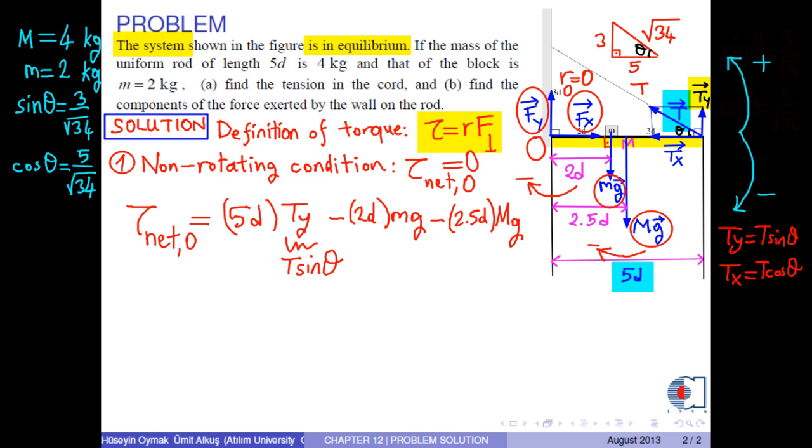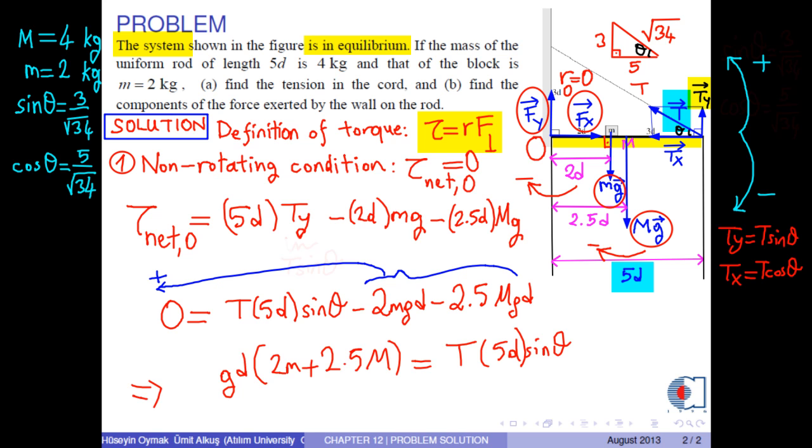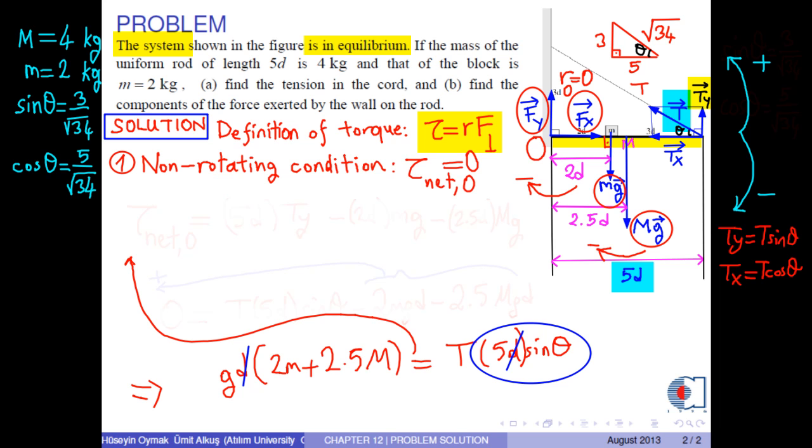According to the figure, Ty is T times sin theta. Therefore, we obtain this equation. If we take these terms to the left-hand side, we obtain this equation. Here, these are cancelled, and if we divide both sides by 5 times sin theta, we obtain an expression for T as.